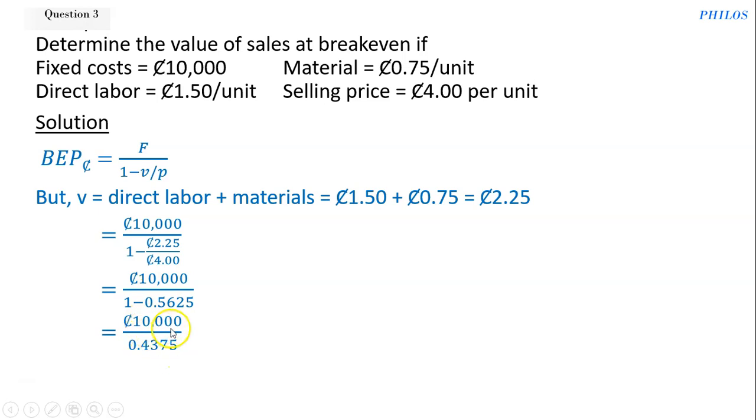So enter 10,000 divided by 0.4375 on your calculator. That will give you 22,857.14 cedis. Now if it is MCQs, when you write down this first step, you can put this entire first step on your calculator to get the answer straight. Then make sure you do that properly.